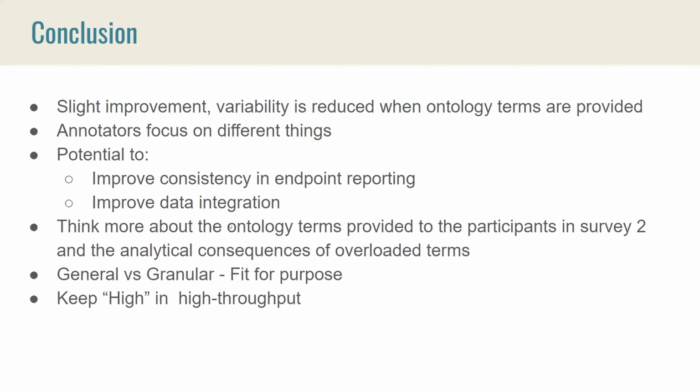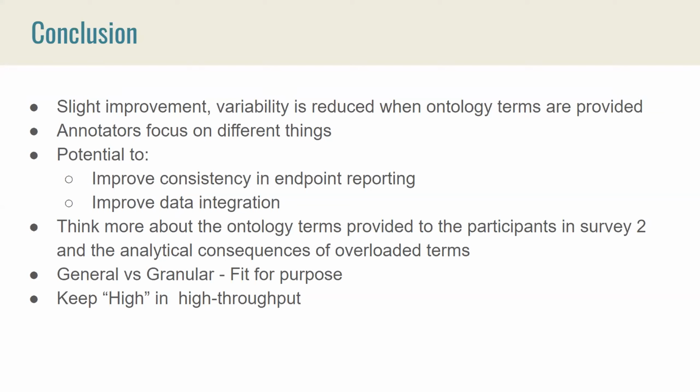And we really need to think more about the ontology terms that were provided to the participants in survey 2 and the analytical consequences of overloaded terms. I suspect that that's what's causing the difficulties with the granular annotations. And so do we do the general terms? Do we do the granular terms?